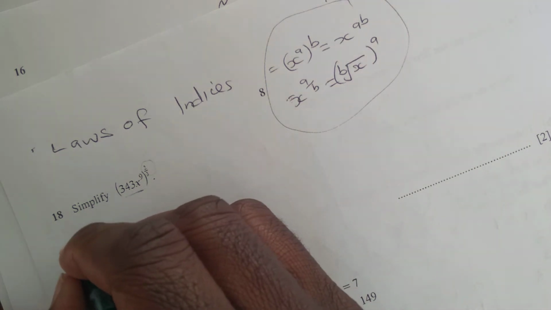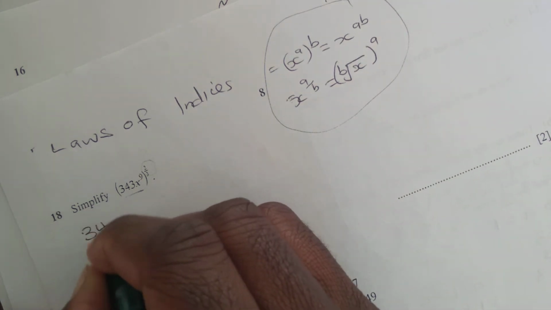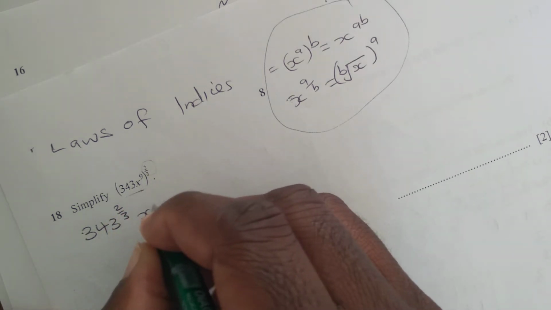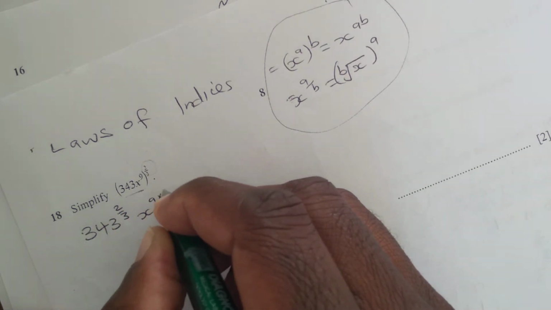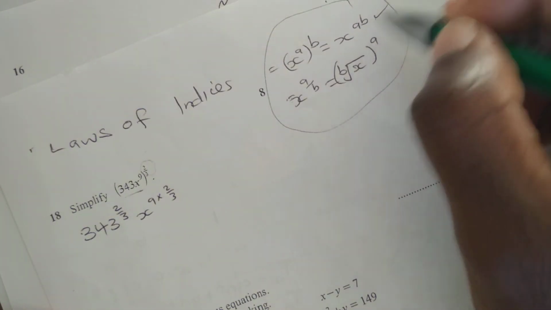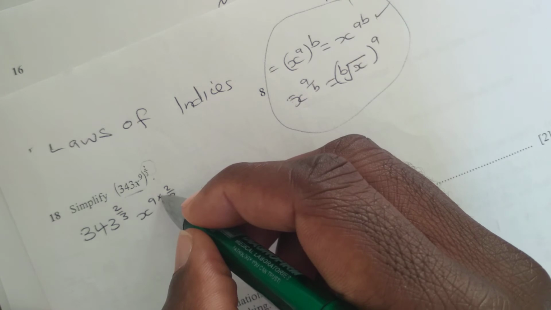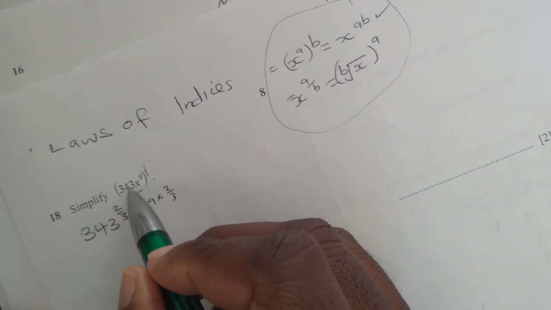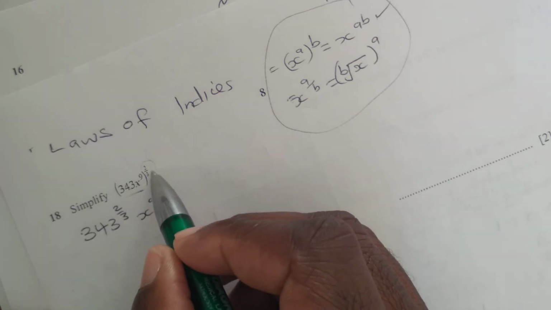So this means that 343 is affected by this power, as well as x to the power 9. So from this law, I have to multiply the powers.